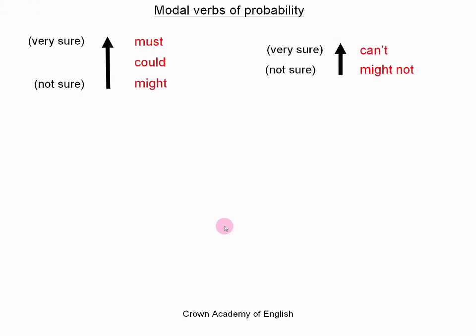Okay, so let's just look at the form or structure. So here is our example again. Sarah could be a doctor or nurse.